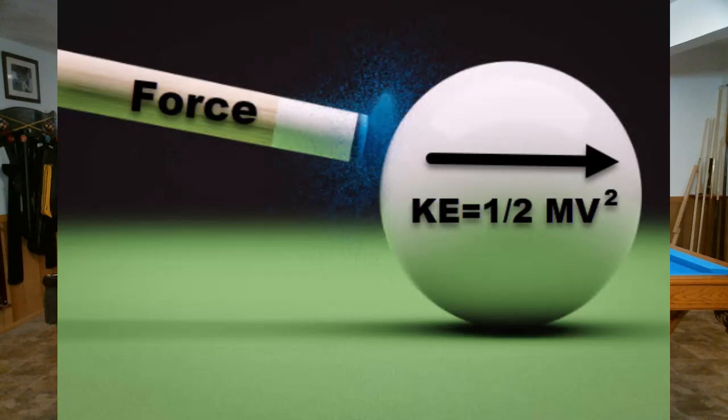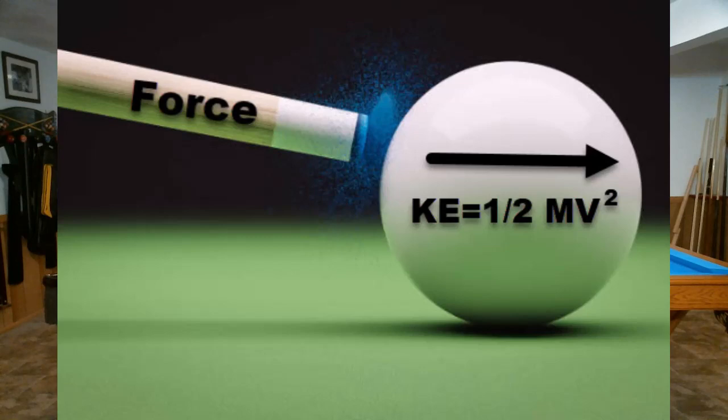Now that we've been able to quantify the fractional energy that's transferred between the cue ball and the object ball, we need to be able to estimate the energy that the cue ball has. To do that, we need to know what energy is. When the cue hits the cue ball, we transfer kinetic energy to the cue ball.